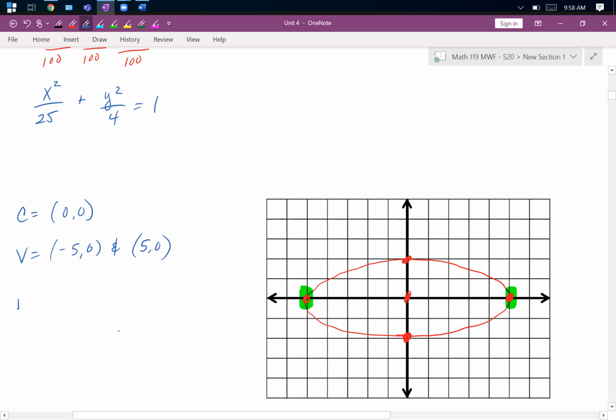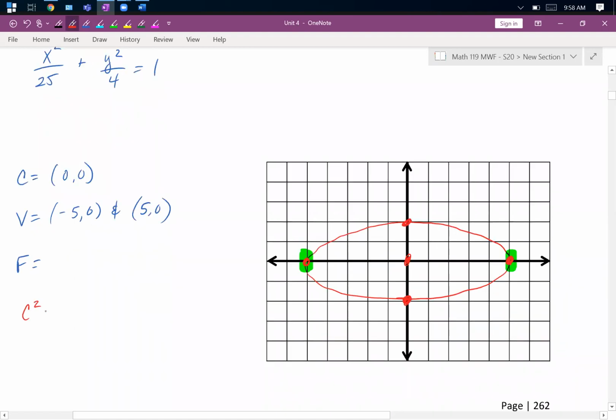And then our foci, well, we need to find our c value. Because our equation was plus, I know to find c, I'm going to minus. That's going to be a squared minus b squared. Also recall, the foci have to be inside of the ellipse.